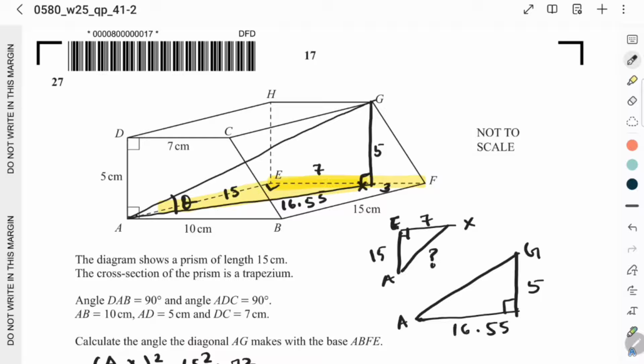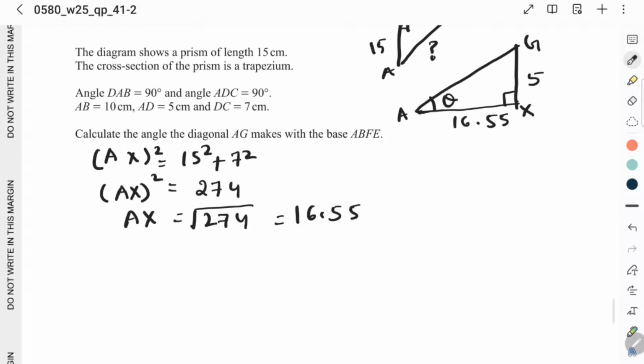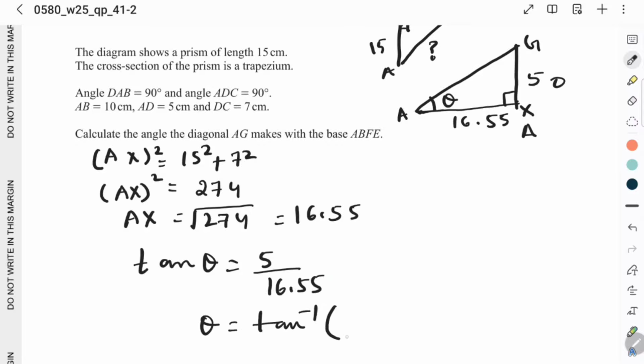This is AG making an angle with the base. Theta is required, so we apply tan with opposite and adjacent. Tan of theta is equal to opposite upon adjacent, that is 5 upon 16.55. Theta is equal to tan inverse of 5 upon 16.55.